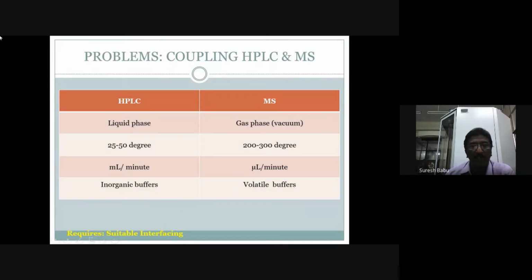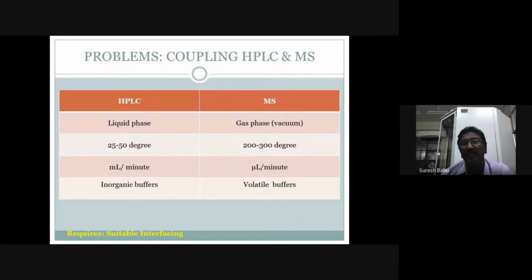So actually we use interfacing. The output of HPLC is a solution, that is a mixture of solvent and sample, and we need gas phase sample for MS. So we have to remove the solvent, and also reduce the flow.